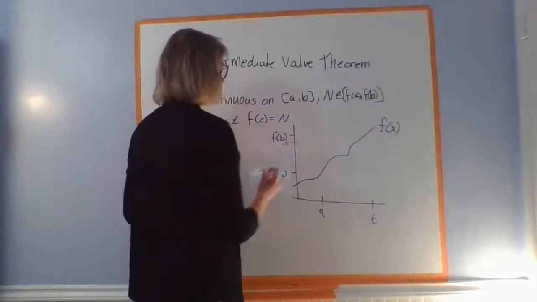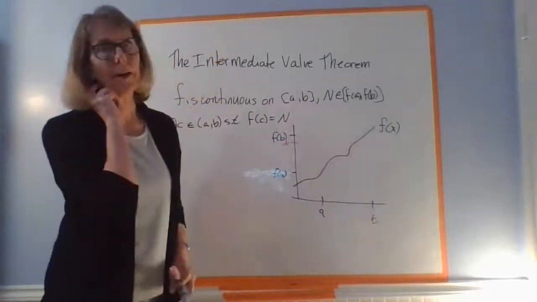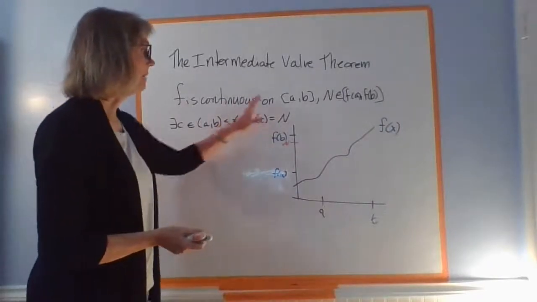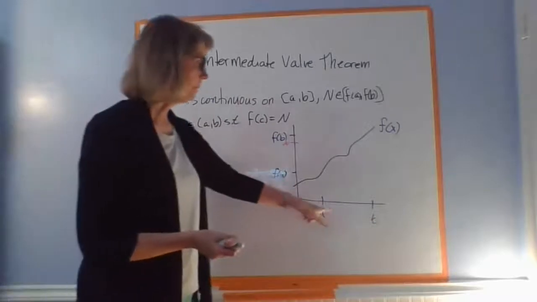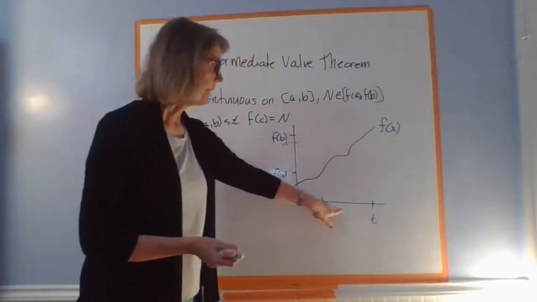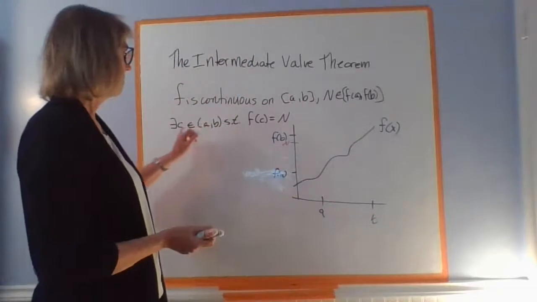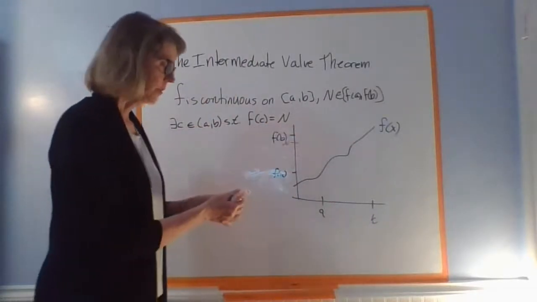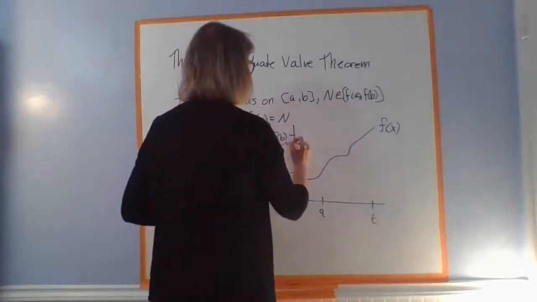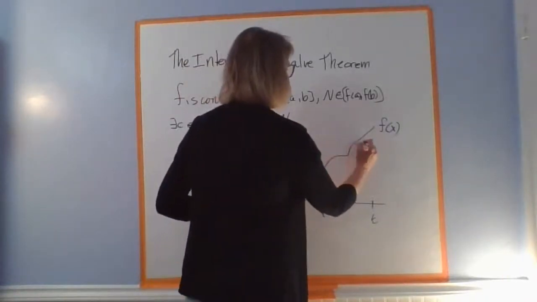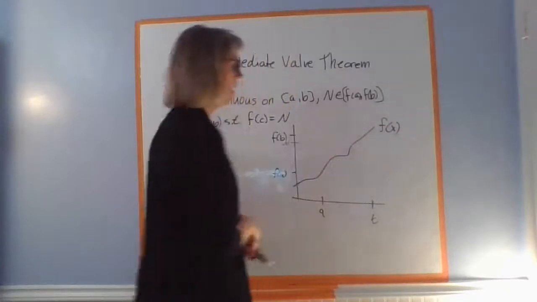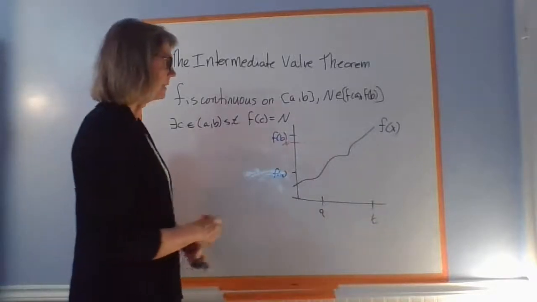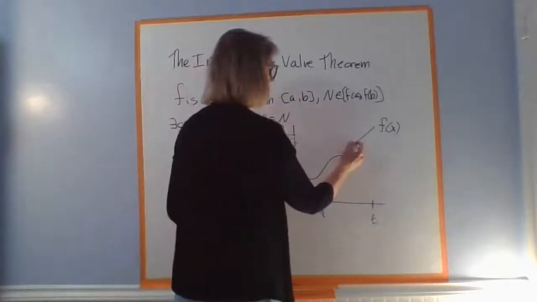I'll call that n. What the intermediate value theorem is saying is that if we have met these conditions, there must be some point between a and b on the x-axis. We're going to call that point c, such that f of c is equal to n. So let's just trace out our line here, because every point on that dotted line has a y value of n. And let's see where it intersects the curve, right at this point here.